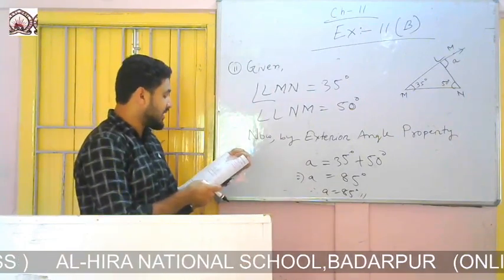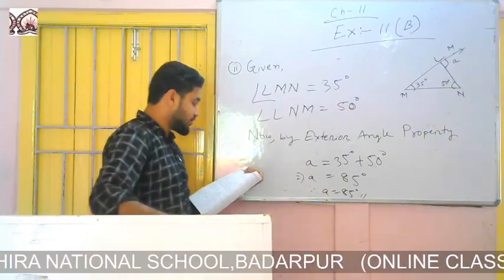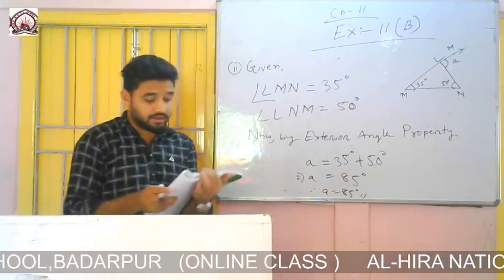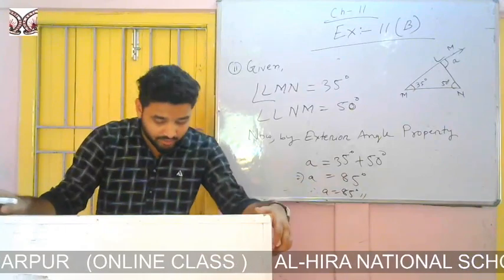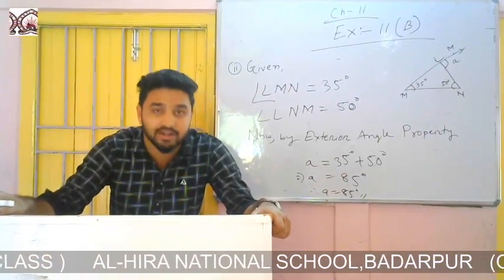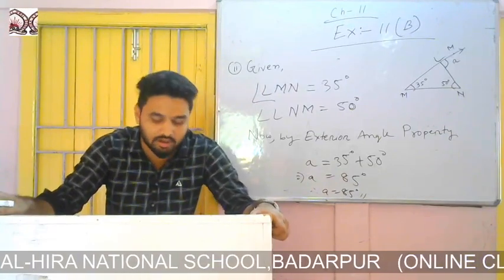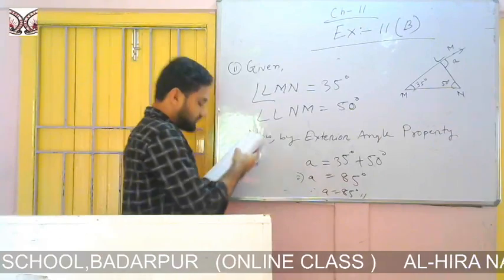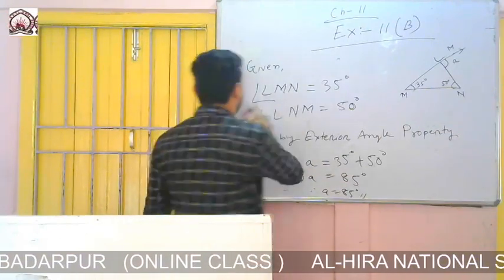Now come to question number 3, that is Roman 3. So here you see again the measures of the two interior opposite angles are given. We have to find what? The measure of the exterior angle. Okay, exactly like this one. Let me show.